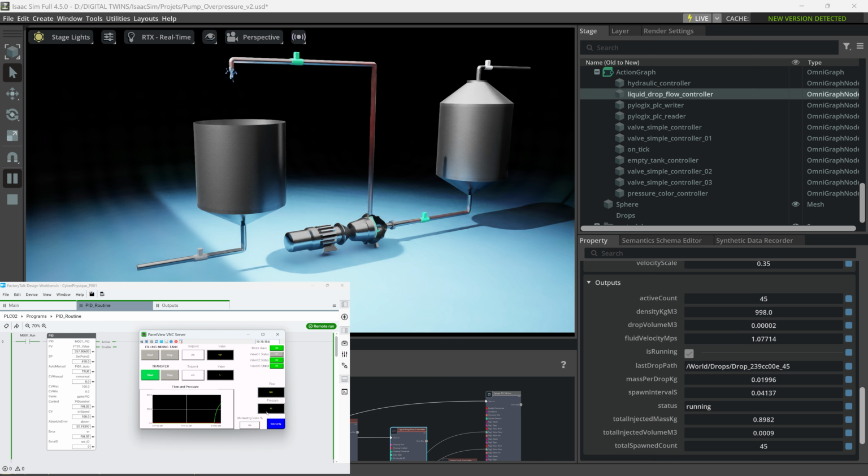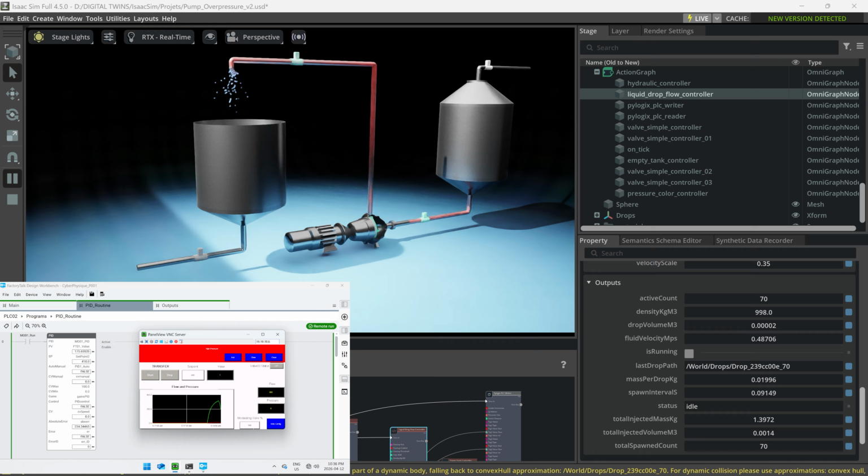The HMI triggers a high pressure alarm, warning the operator. Because the system is connected in real time, we can see the pressure rise directly on the trend graph. This shows exactly how the system responds to unexpected operating conditions.